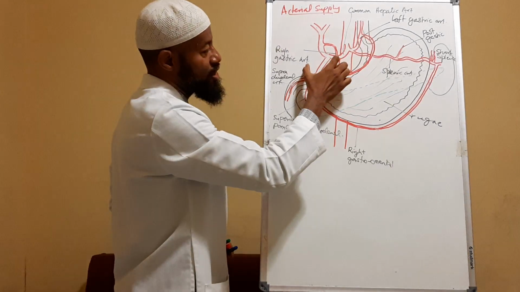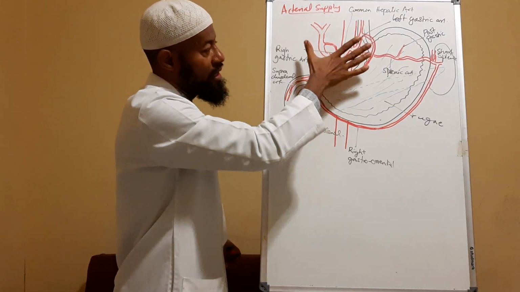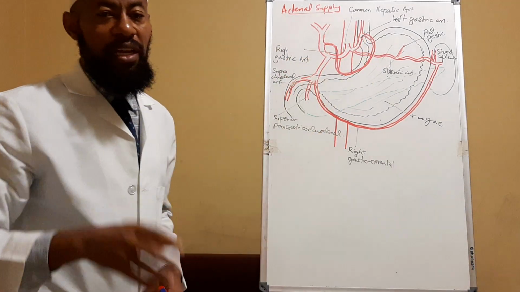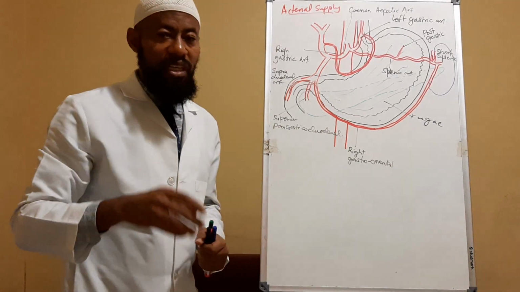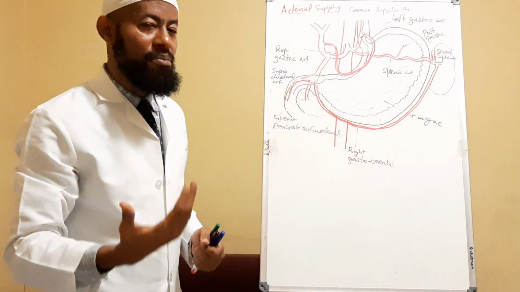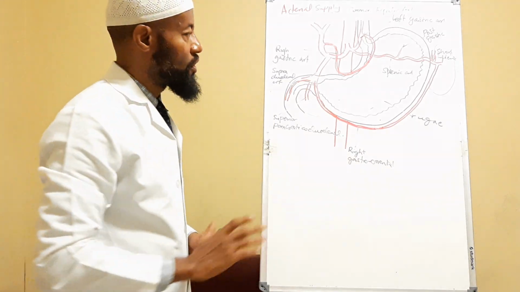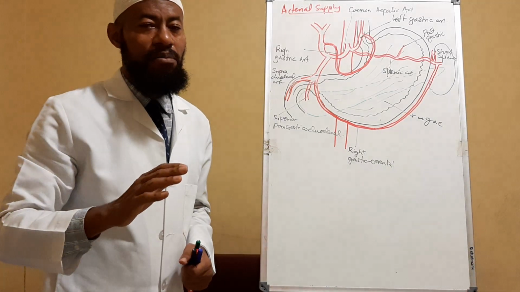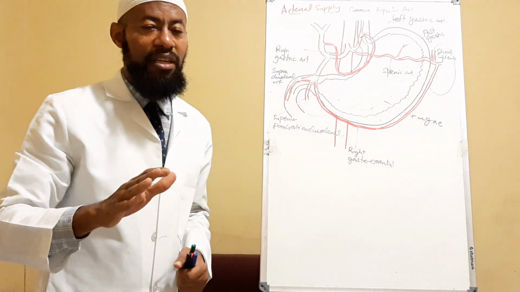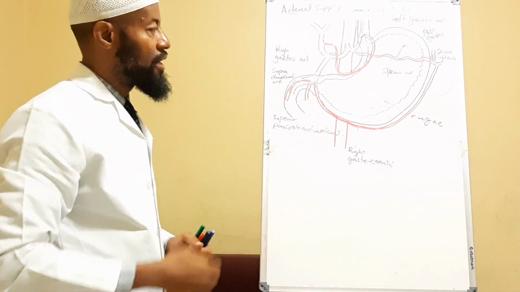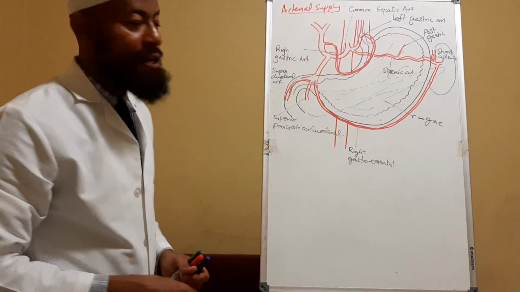The hepatogastric and the hepatoduodenal ligament both form the lesser omentum, and they are in front of the lesser sac, right?